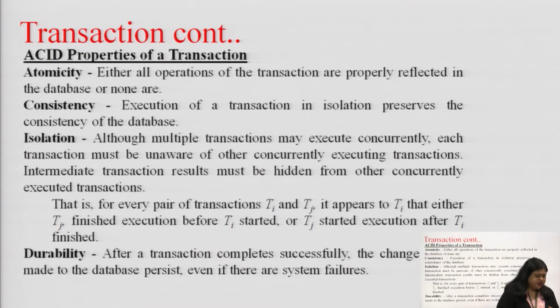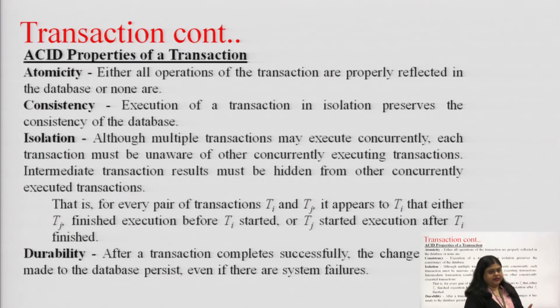To start with transactions, first we need to know about the ACID properties. You must have heard about these properties before when you went through your operating system syllabus. ACID stands for four things: atomicity, consistency, isolation and durability.